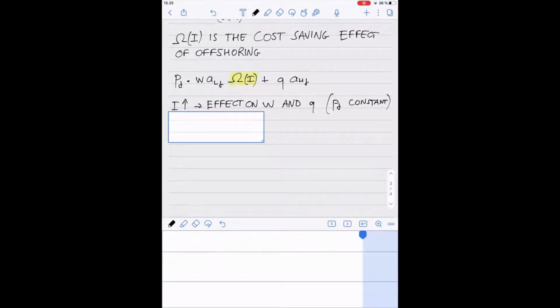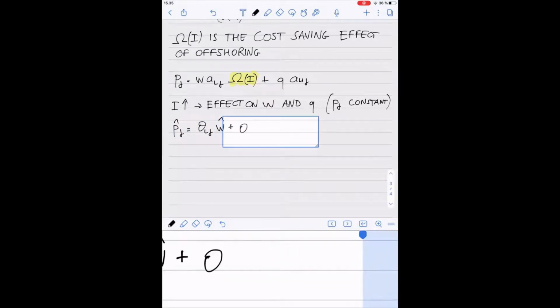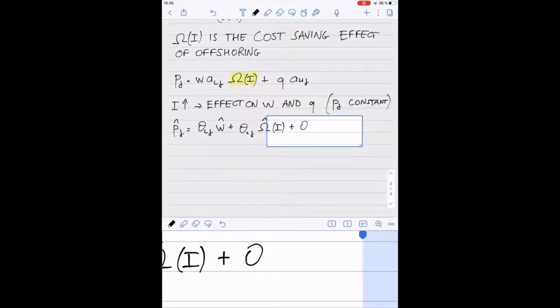And so what we obtain is that P hat J equals, like in the Stolper-Samuelson theorem, theta Lj, which is the cost share of low-skill labor in product J, times W hat, plus, it's intuitive to also think that theta Lj multiplies omega hat of capital I, plus theta Hj Q hat.